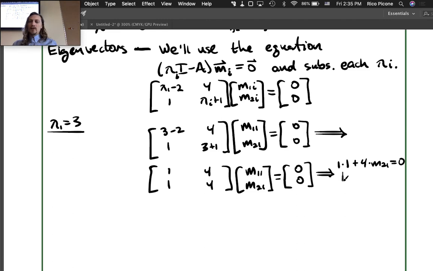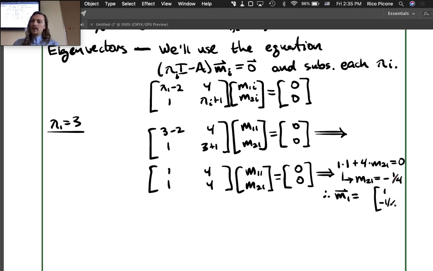If you solve this equation, you get that m21 should be equal to negative 1/4, right? And that means that our m1 vector is equal to, with m11 being 1 and m21 being negative 1/4.